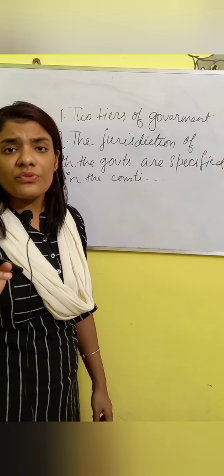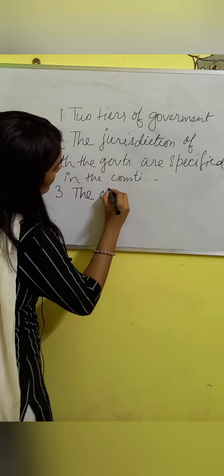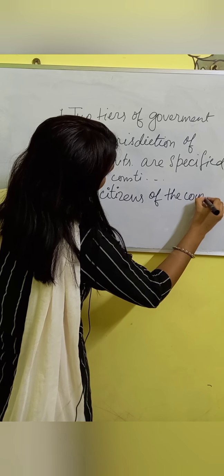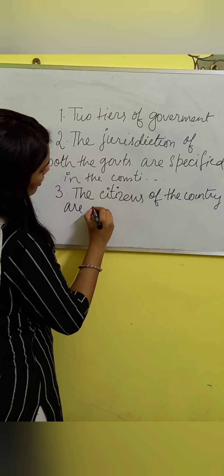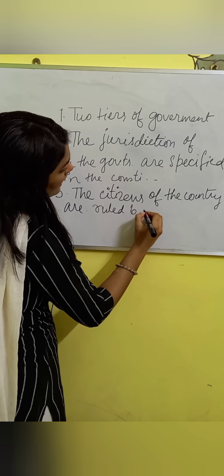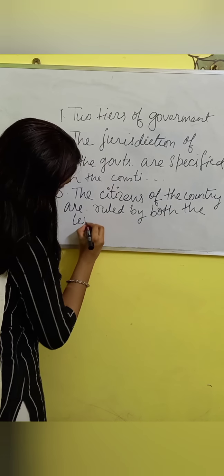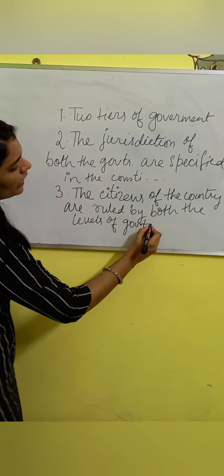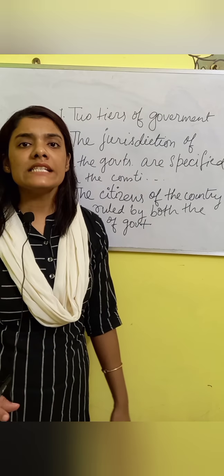The third feature of federalism is that the citizens of the country are ruled by both levels of government. That means we are under the rule of the central government as well as under the rule of the state government.